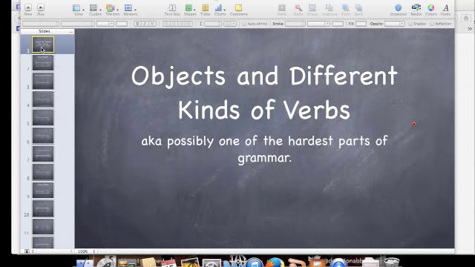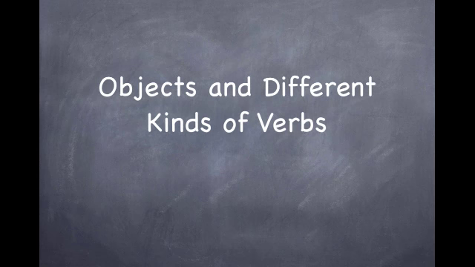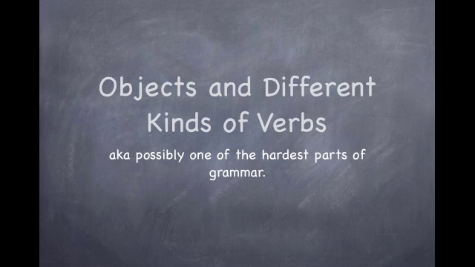Guys, this is our third flipped lesson, and today your flipped lesson is over objects and different kinds of verbs, also known as possibly one of the hardest parts of learning grammar. Direct objects and indirect objects is not something that's really easy to figure out, but we're going to try and help you understand it.